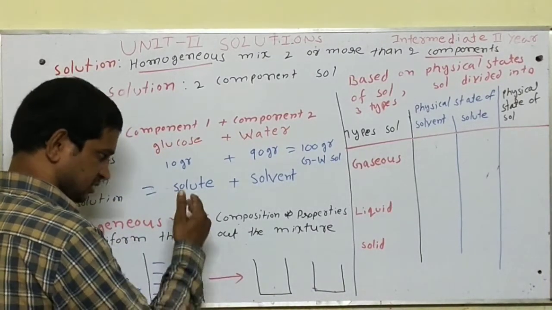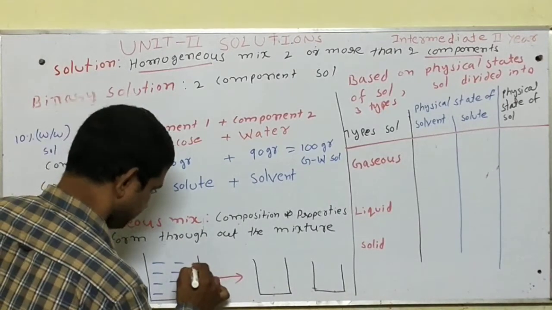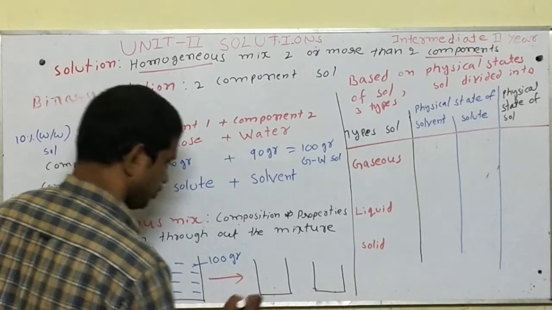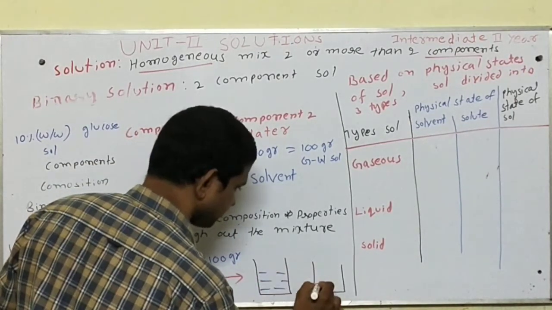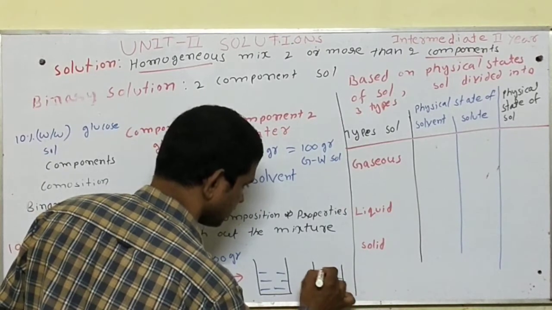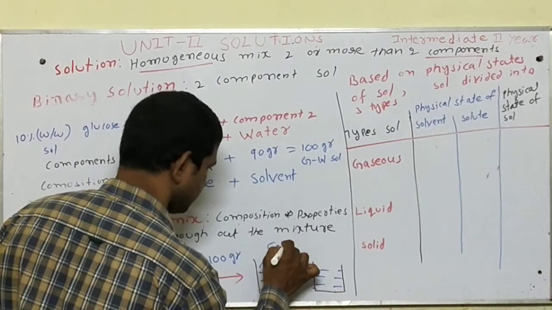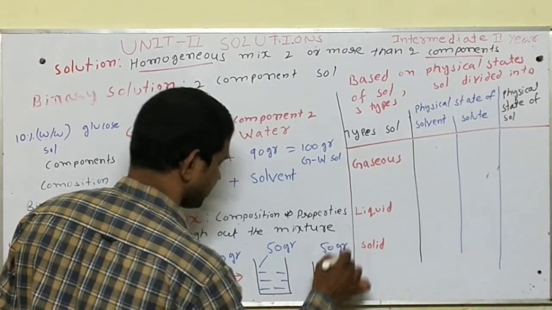I divided this 100 grams of solution into two halves, that is 50 grams in this beaker and 50 grams in this beaker.